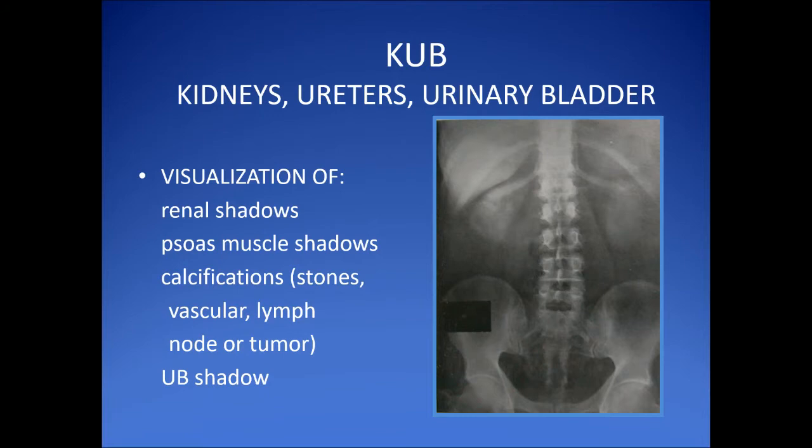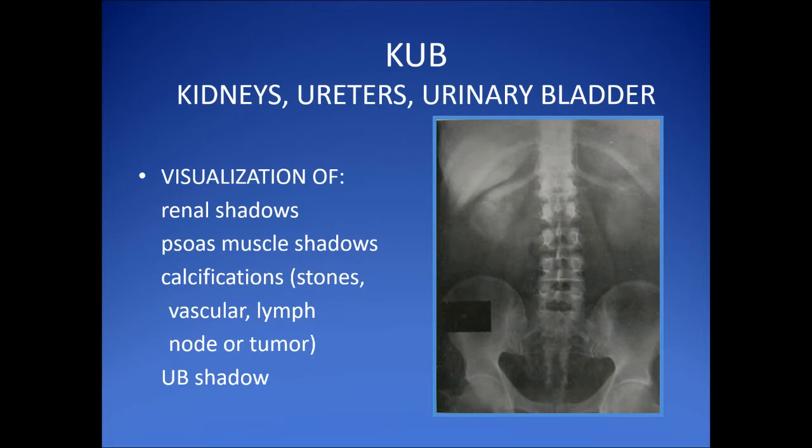And then look for any radio-opacity or calcifications. Calcifications on radiographs will be white. These calcifications could be lithiasis, whether coming from the kidneys, ureters, or urinary bladder, or even stones from the gallbladder area at the right upper quadrant.